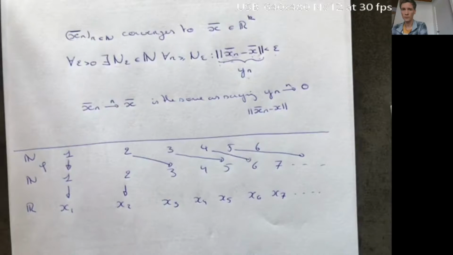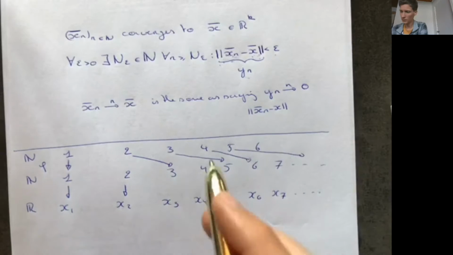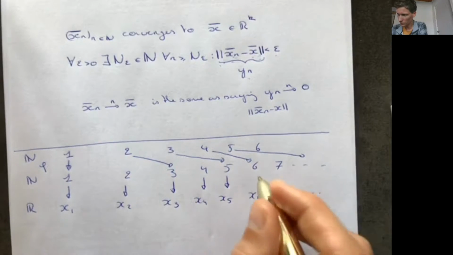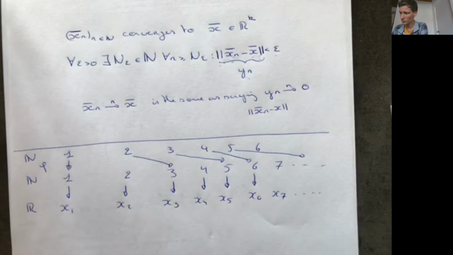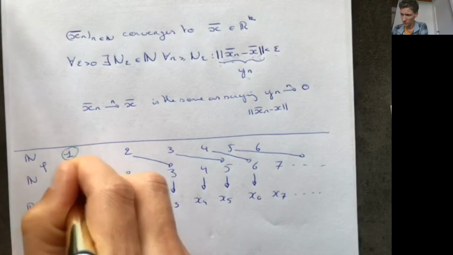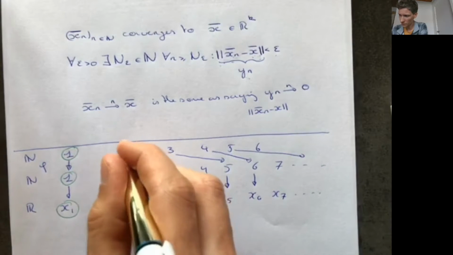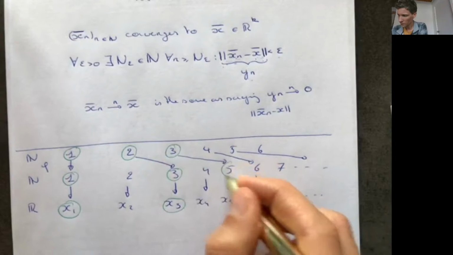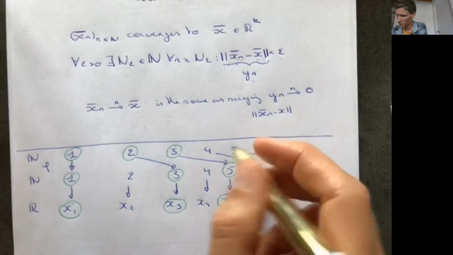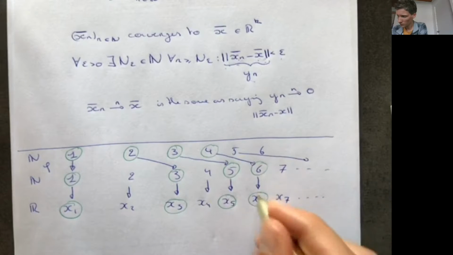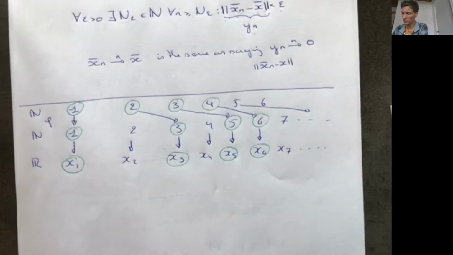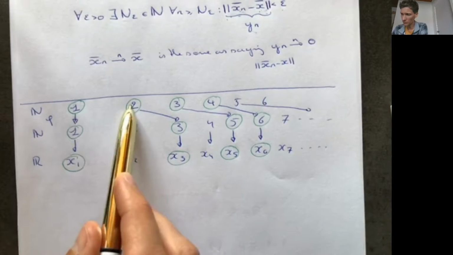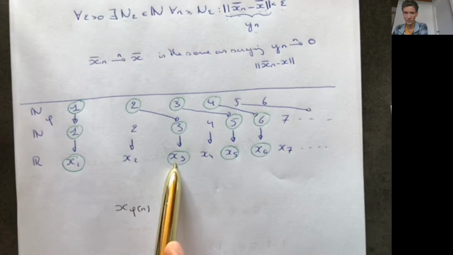Then we had the normal mapping, fourth element, and so on. This generated a subsequence. This was the first element of the subsequence, then the second element, then the third element, the fourth element, and so on. In general, the nth element of the subsequence was x phi of n, where phi of n was the mapping from here to here, and x of phi of n is this element.